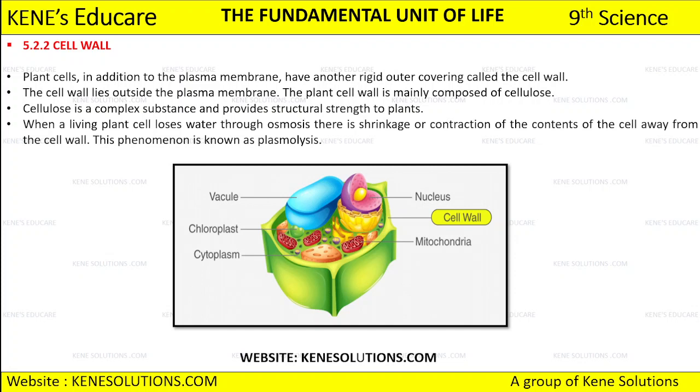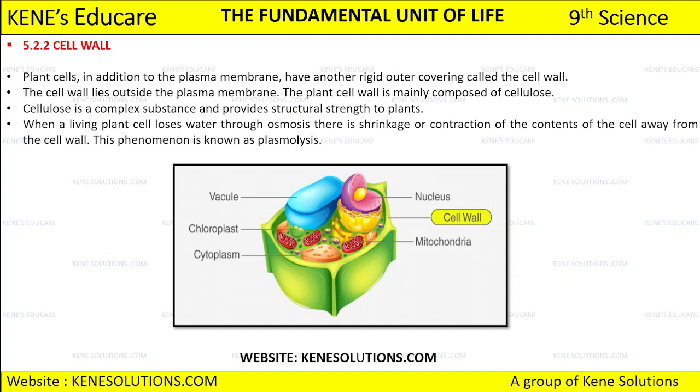And the plant cell wall किससे बनता है? The plant cell wall is mainly composed of cellulose. And cellulose का काम क्या है? Cellulose एक ऐसा complex substance है जो हमारे plants को structural strength provide करता है.